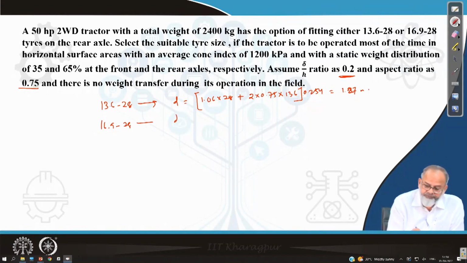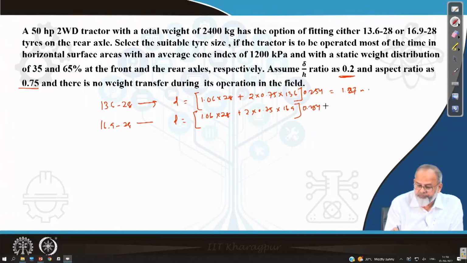The same procedure I follow for the 16.9-28 tire: 1.06 into (28 plus 2 into 0.75 into 16.9) into 0.254, that will give us 1.397 meter. So, this is the diameter.